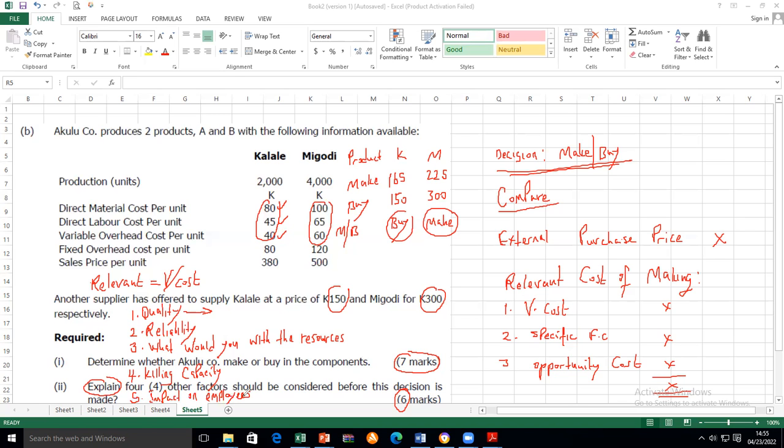If you're going to close down because we now don't make, what is the impact on your employees? So these are items that you need to think about. Okay, so I hope this one has helped us to recall what we do when there's a make or buy situation.